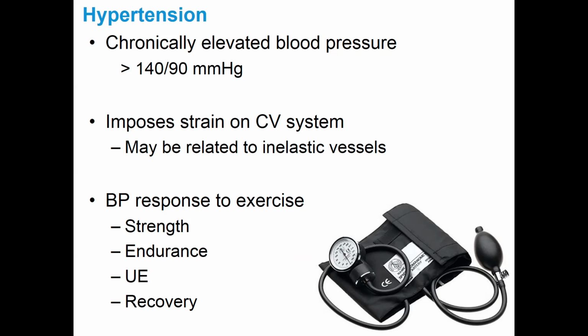So in terms of blood pressure response to exercise, we talked about strength training, that both diastolic and systolic pressure go up, and it can go up pretty significantly. In endurance training, diastolic pressure stays about the same, so usually about 80.